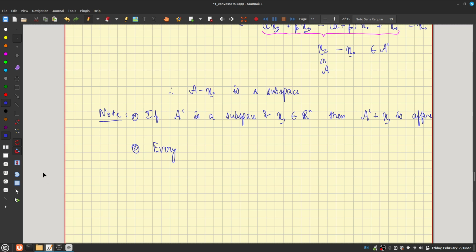Okay, so let's maybe clarify things. So far, what kind of sets or classes of sets have we seen? We've seen subspaces. We've seen convex sets. We've seen affine sets. And we've seen cones. Right?